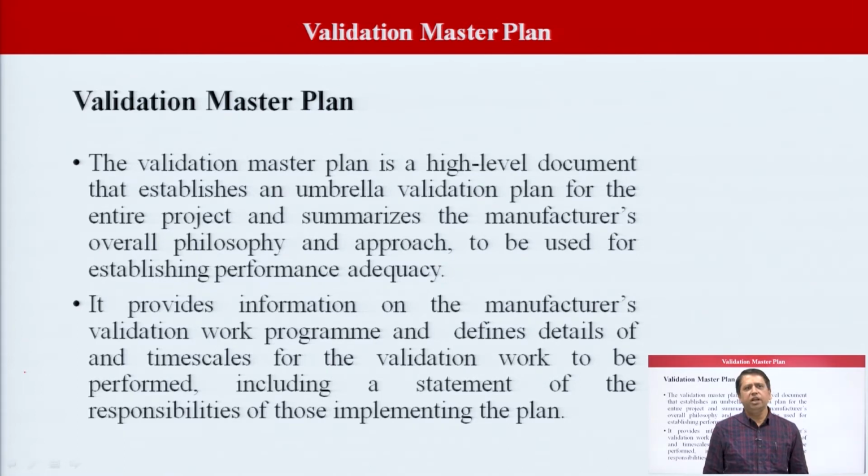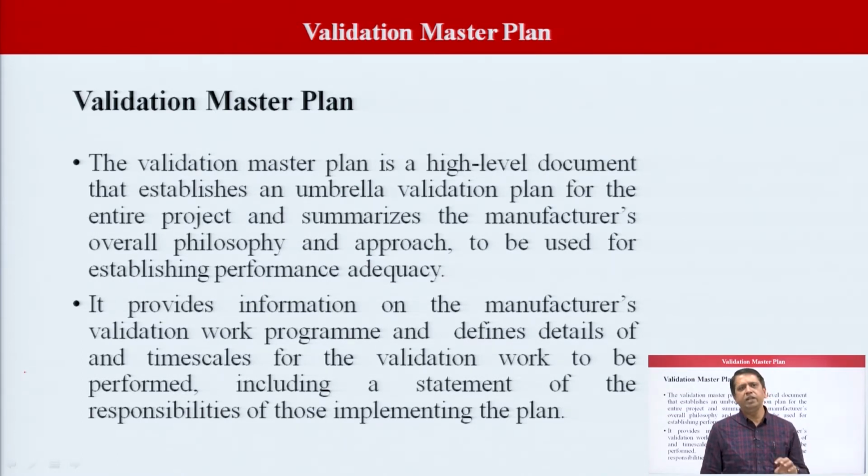It provides information on the manufacturer's validation work program and defines details of the time scale for the validation work to be performed, including a statement of the responsibilities of those implementing the plan. So, what is included in the validation master plan? First, the approach the manufacturer is using while performing validation studies.